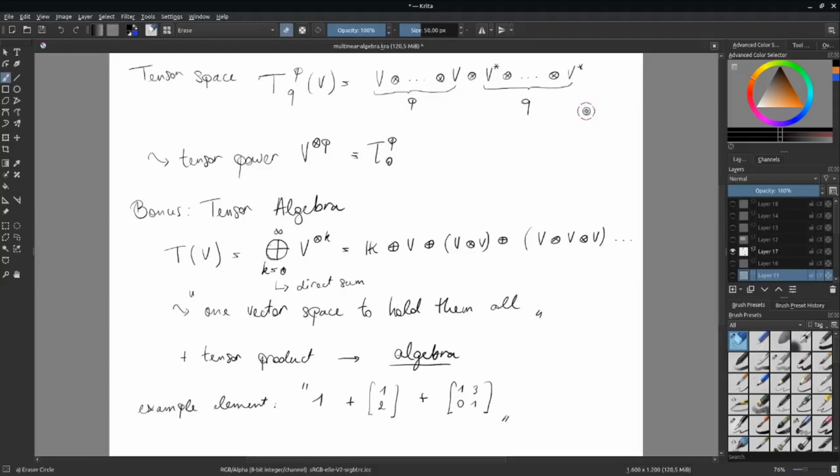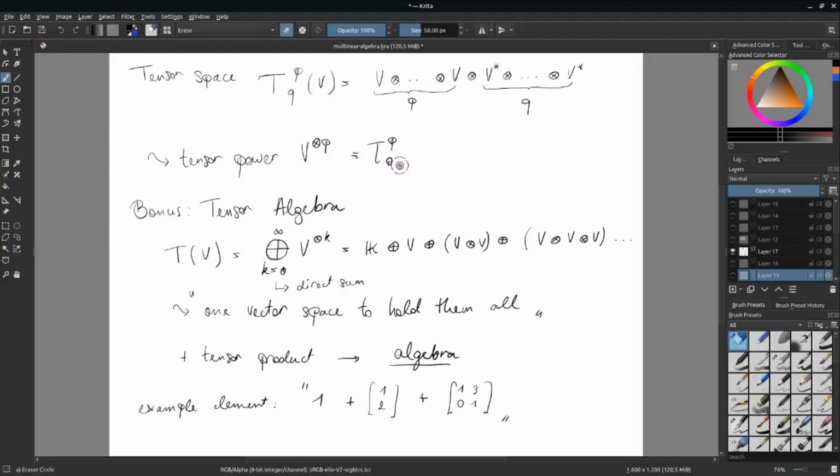One space of particular interest is the tensor power, which is simply taking P copies of my vector space and taking the tensor product of it. And so that would be just T P 0.